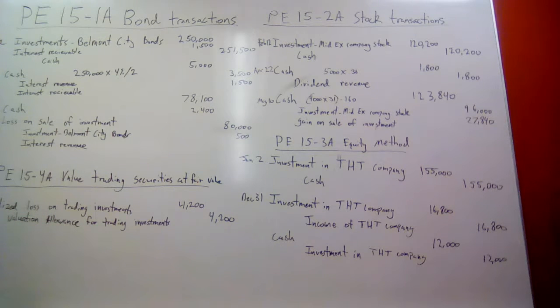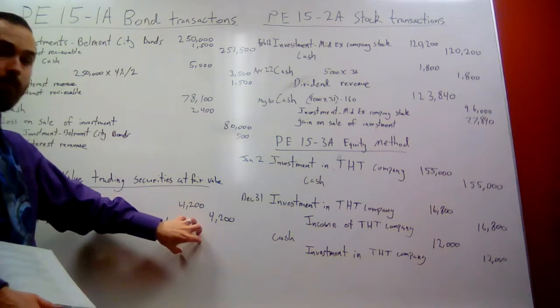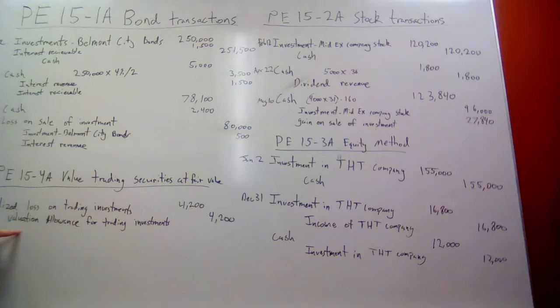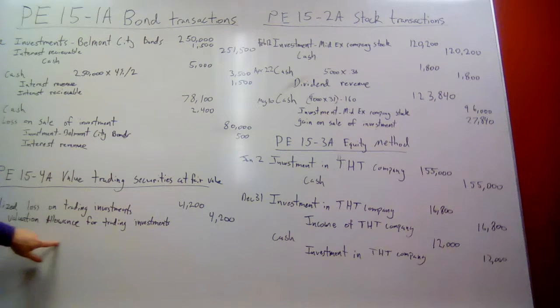Here, we'll skip right over to valuing trading securities at fair value, PE 15-4A. So we debit unrealized loss on traded investments because the market value is less than the portfolio value, and then we credit valuation allowance for traded investments for $4,200.